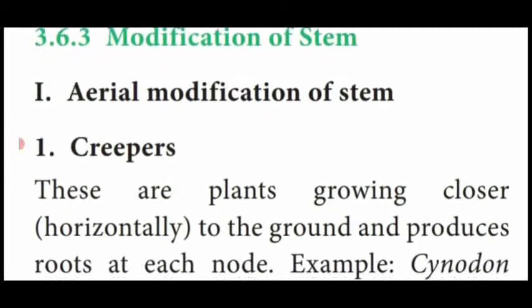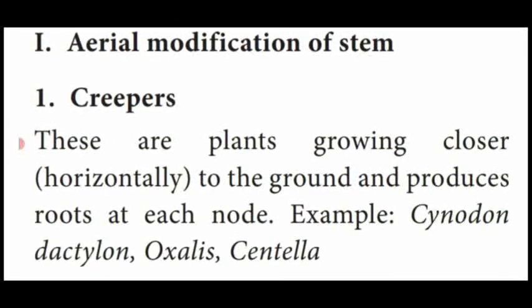It is divided into different types: aerial modification, subaerial modification, underground stem modification. Aerial means above the ground level, where the stem portion stores food material and the shape is modified into a different form and performs a different function.